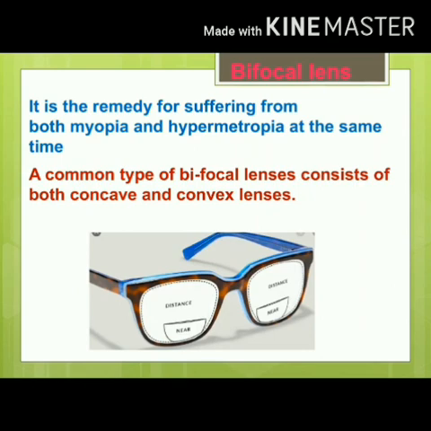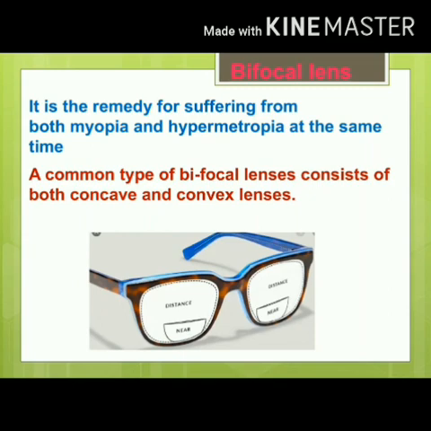If that is the case, that both myopia and hypermetropia are present in one person's eye, then we need to use bifocal lens. So what is called bifocal lens? Bifocal lens consists of both concave and convex lens. Now we understood already that for the concave lens we need to watch the object at infinity, far away object.